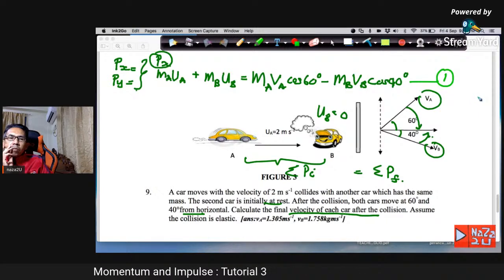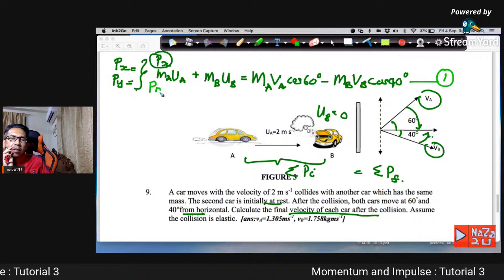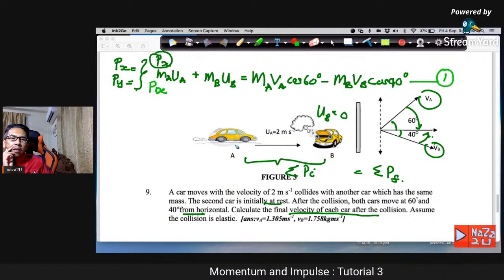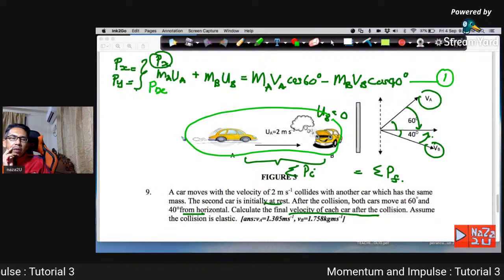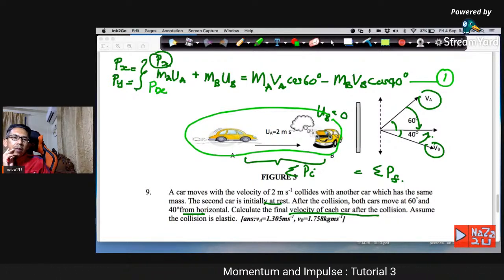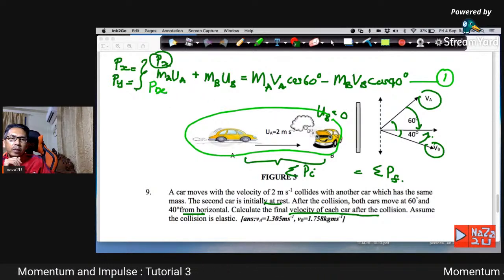Right? And PY or Y-axis momentum, okay, for the before collision, all the items here are on a horizontal line, so meaning we don't have any.